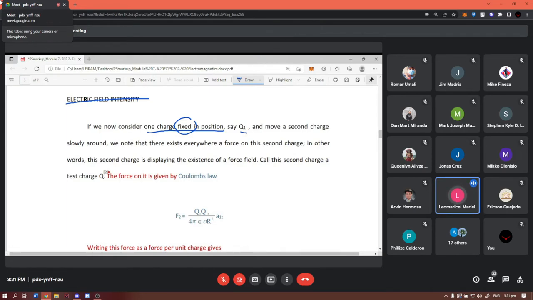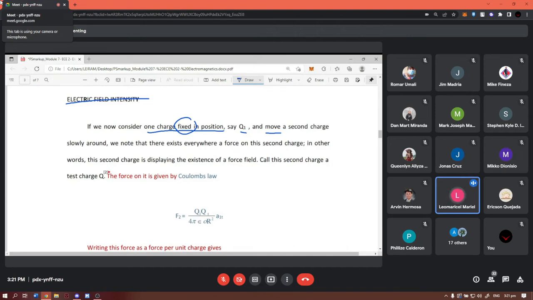Di ba sa Coulomb's law, kailangan natin ng dalawang charge. Ganito rin dito. Meron ka ring charge na dalawa. Ang pagkakaiba nga lang, yung isa is fixed and the other is moving. So, the second charge is moving slowly around that particular fixed charge.